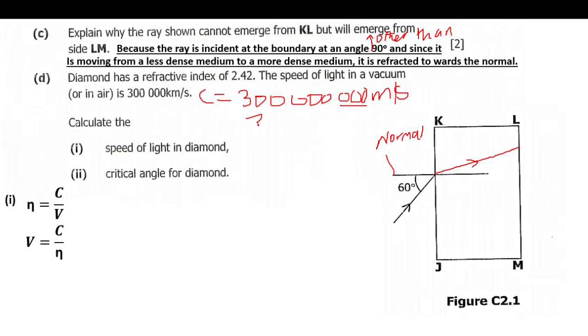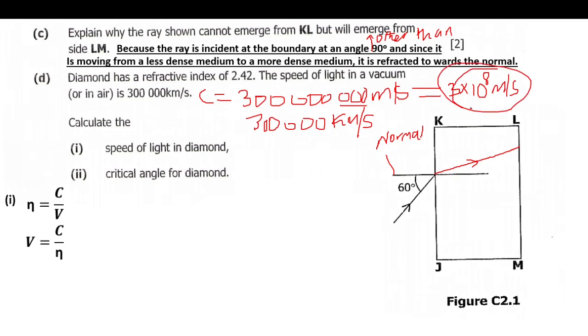I've just put 3, 0, 0, 0, 0, 0, and where there's this one, I've put K and put the M, then seconds. So this can be changed back to here, and this one also can be written in standard form as 3 times 10 to the power 8 meters per second. This is what is known as the speed of light in a vacuum. So that's what we are going to use here.